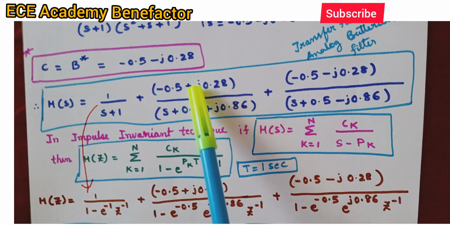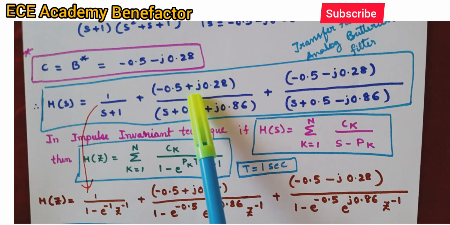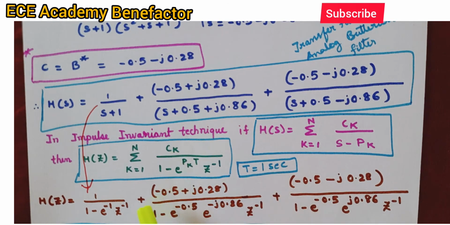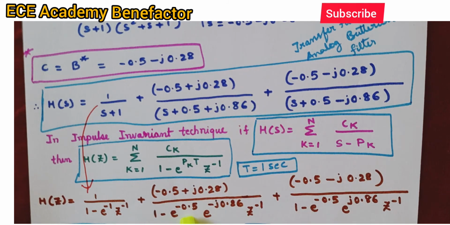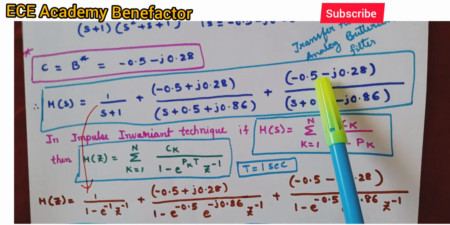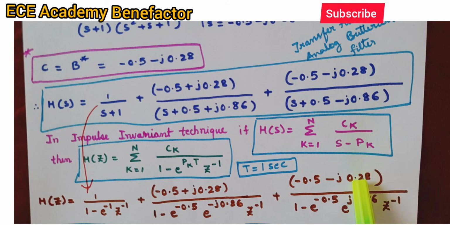Similarly, now coming to this term. What is Ck here? Minus 0.5 plus j 0.28 by 1 minus e to the power pk. What is pk? Pk is this complete term: e to the power of minus 0.5, e to the power minus j 0.86, z to the power minus 1. Coming to this third term, it is written like this.